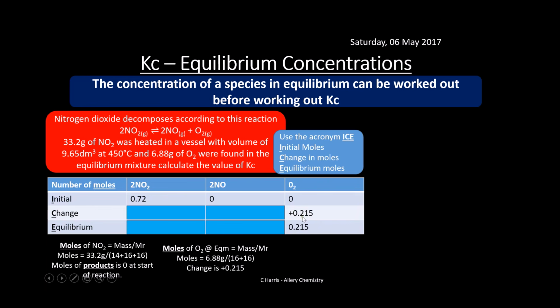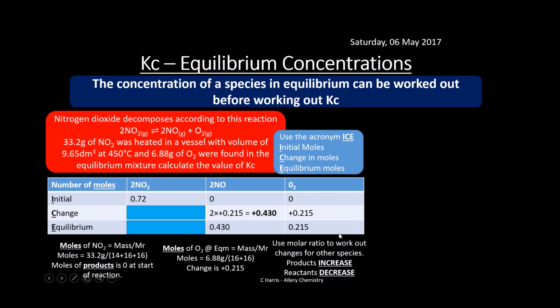Now this is going to be really, really important because this change is going to allow us to work out the rest of it. So let's go for the NO one first. We use the molar ratio to work out the changes in other species. Remember, if we're producing products, they increase, and if we're using up reactants, they decrease as the reaction goes.